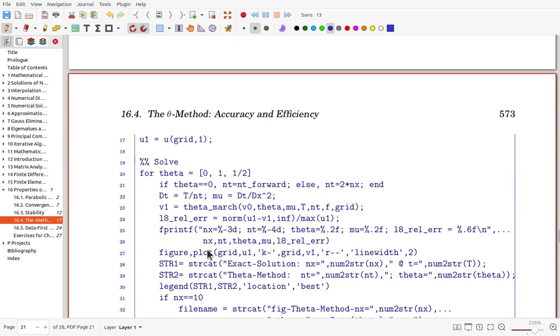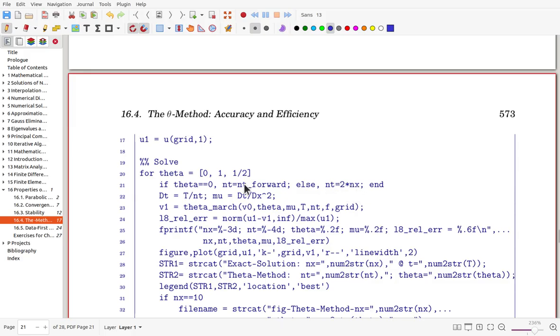And here, now we are trying to solve the problem with theta 0, 1, and half. Once theta is 0, that is the forward method, then we choose NT in this way. Otherwise, we choose NT twice the number of points.